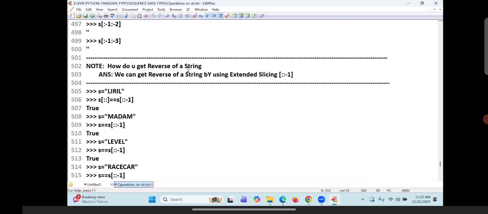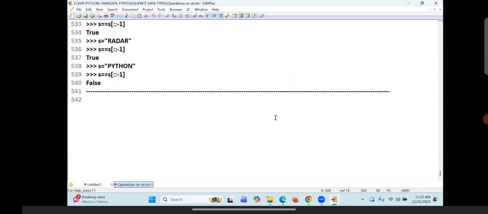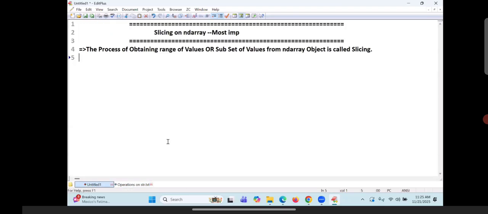How do you get the reverse of a string? Colon colon minus 1, which is known as extended slicing we can call. This is the fundamental ultimate slicing concept even today. The same process we need to apply on this place also. Understand? Now, students, now I am going to do slicing on ND array.